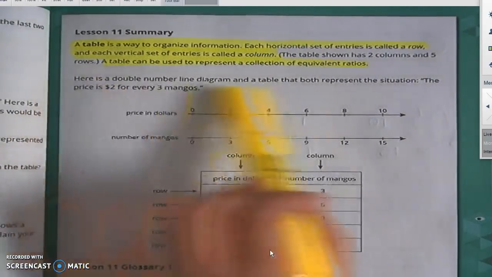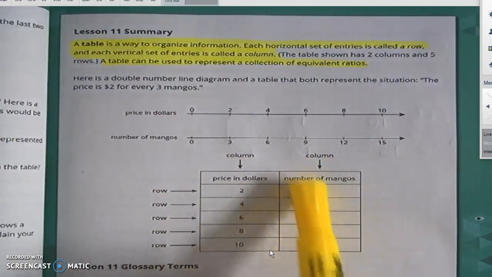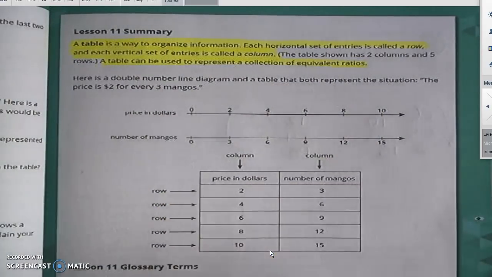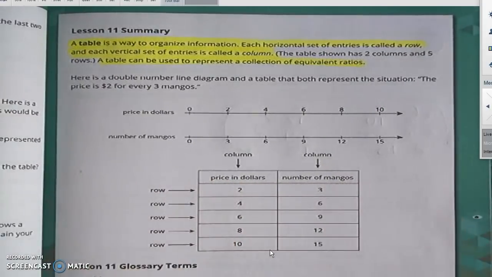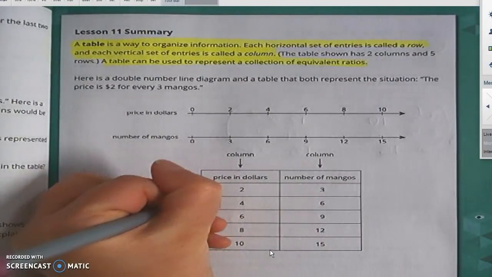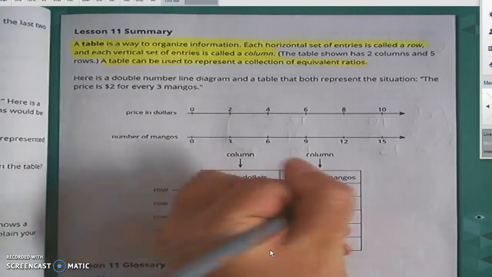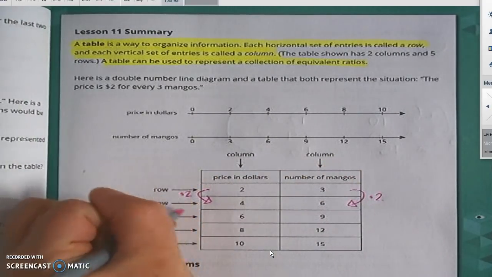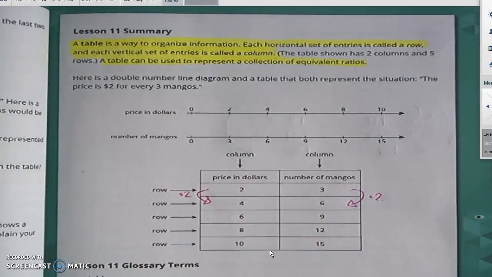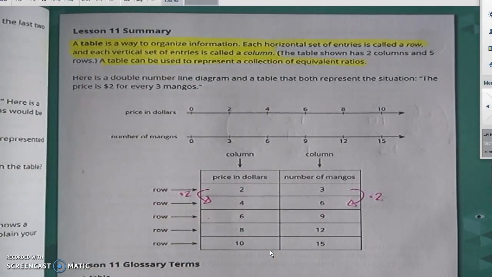So then they showed us a double number line for this situation and a table for this situation. And all of these are equivalent ratios. They're all equivalent to this 2 to 3 because this row is just 2 to 3 times 2 on both sides. Then this one is times 3, times 4, times 5. I'm not going to label all that.